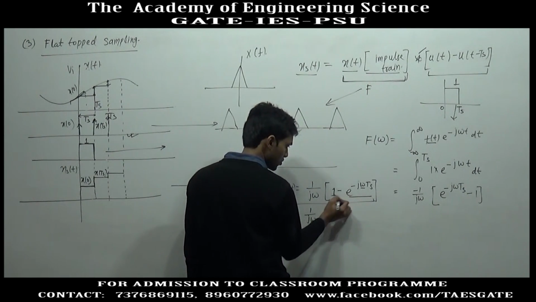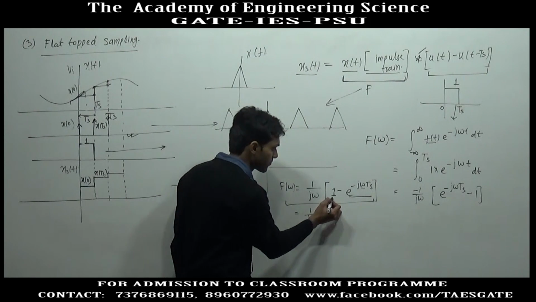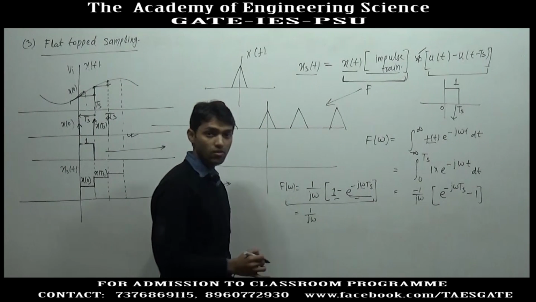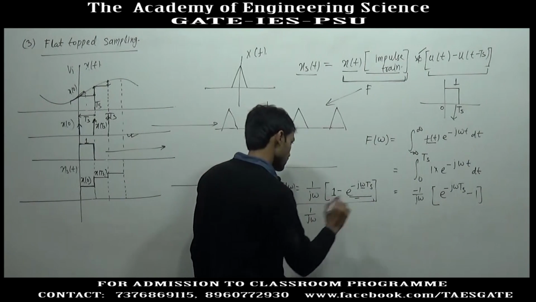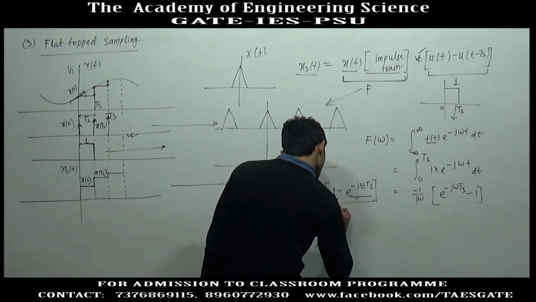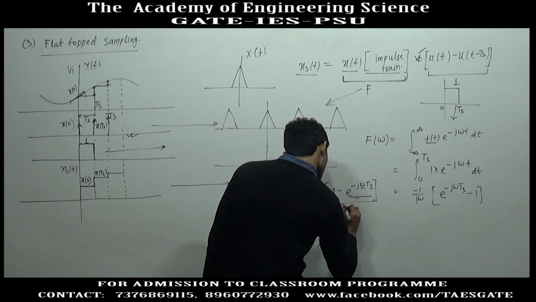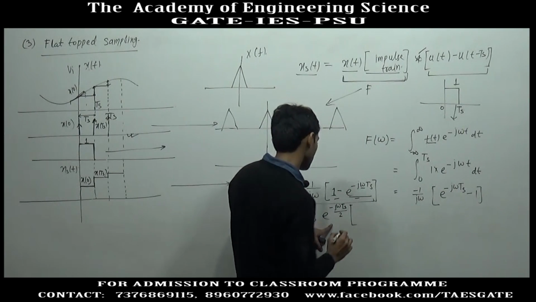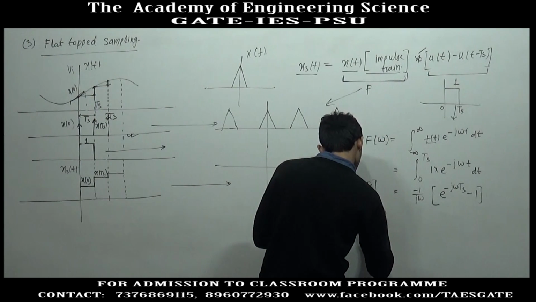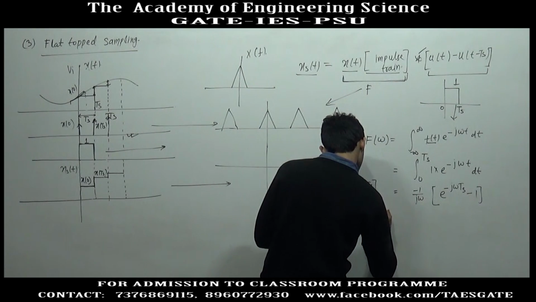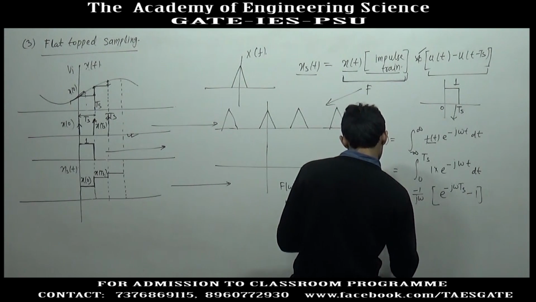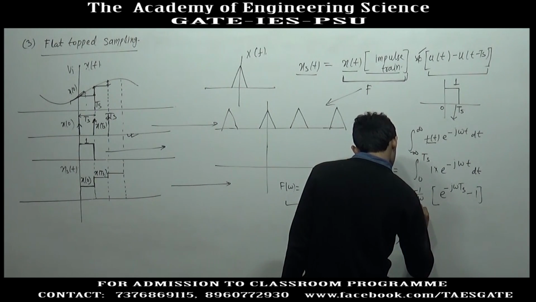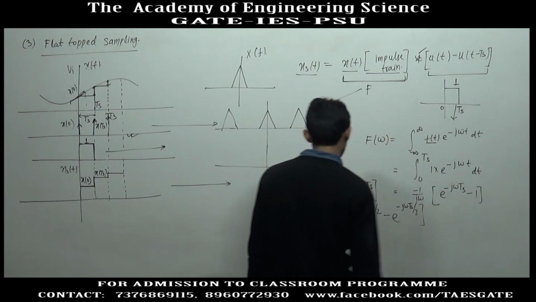You take e to the power something common, such that if here e to the power minus j theta, you have to obtain e to the power plus j theta here. So, I am taking common e to the power minus j omega Ts by 2. So, in place of 1, we will get e to the power j omega Ts by 2 minus, here we will get e to the power minus j omega Ts by 2.